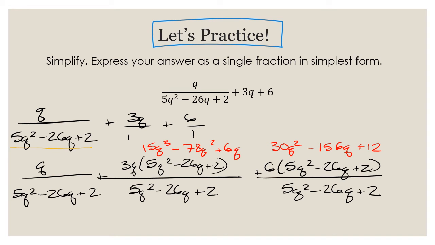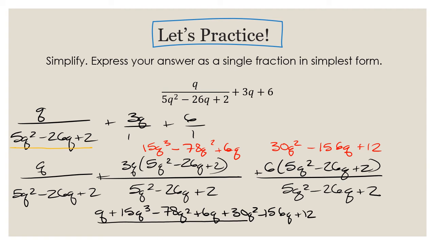Okay, so now all of these numerators are going to add together. So I'll have q plus 15q cubed minus 78q squared plus 6q plus 30q squared minus 156q plus 12, and all that is over 5q squared minus 26q plus 2.